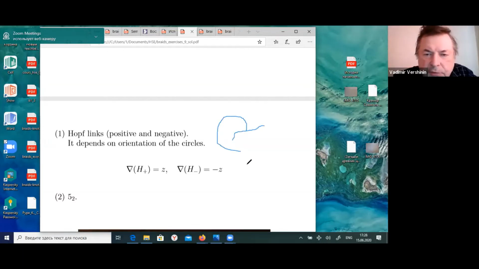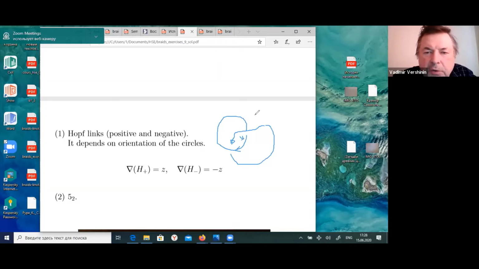Let us consider this one and say let it be like this. Okay, this is positive, right? Because you have here rotation in the positive direction.